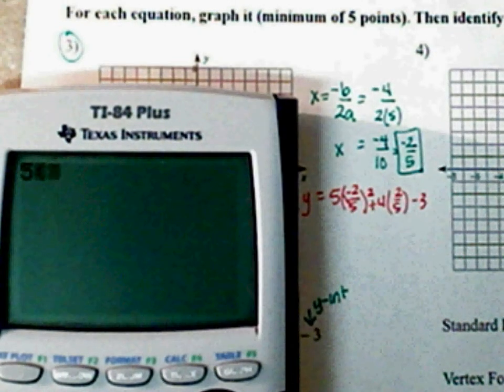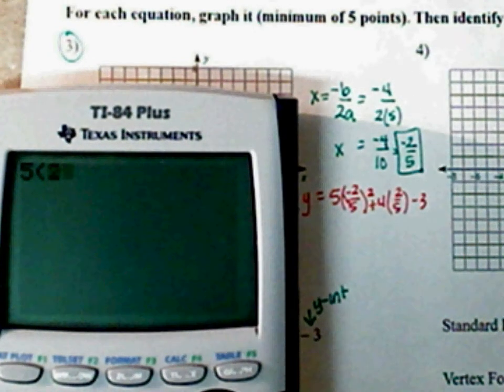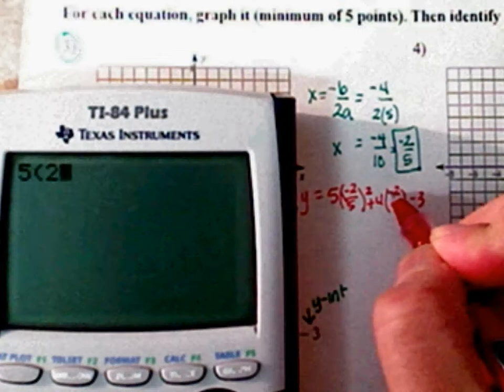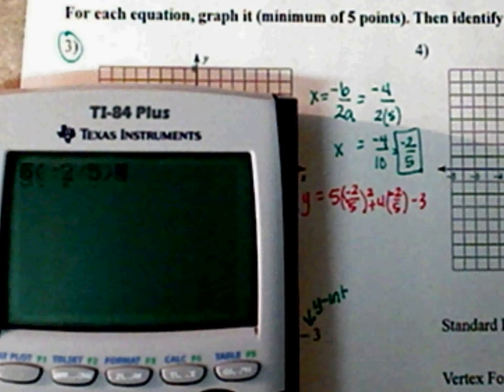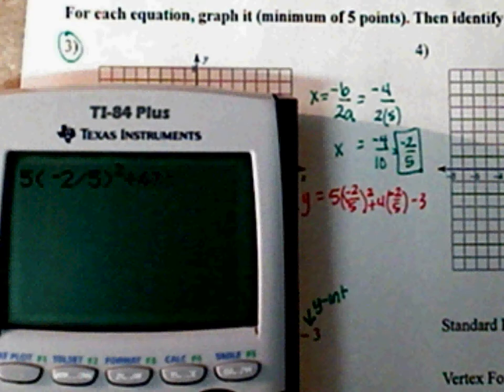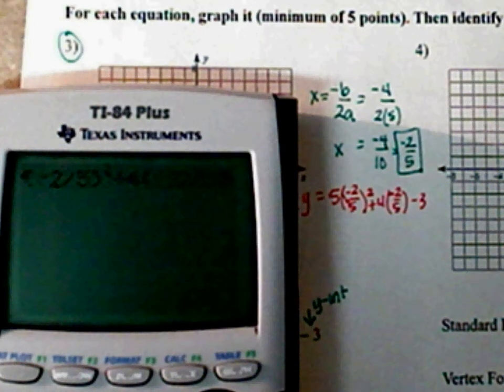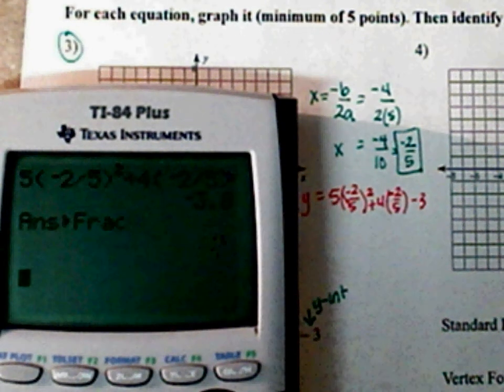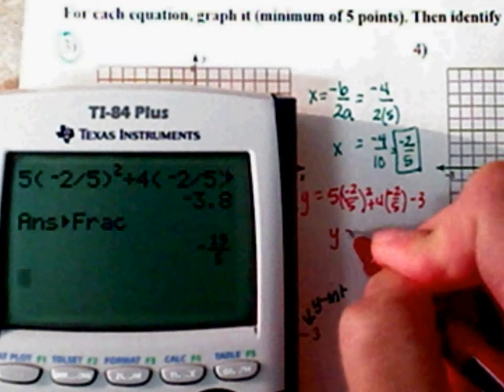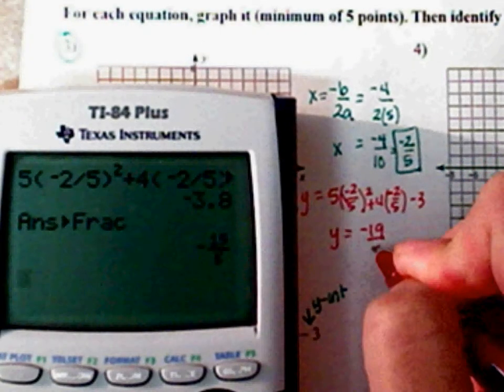So 5 parentheses, -2, my apologies, -2 divided by 5 squared plus 4 times -2 divided by 5 minus 3, okay? And go ahead and change that to a fraction. So your y is equal to -19 over 5.